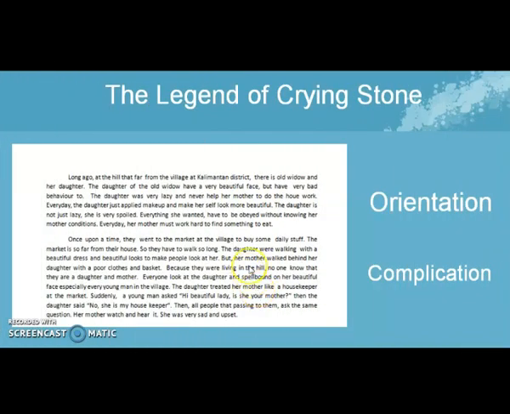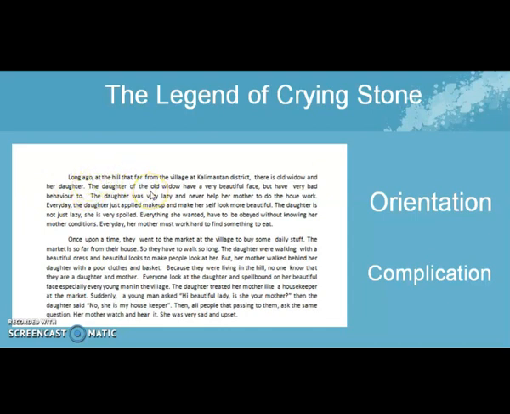So after you watch and take notes of the video, let's have a little discussion about it. The title is "The Legend of Crying Stone," from Kalimantan, and here is the orientation. How can we find the orientation? By looking at who the actors are. For example, here is the old widow and her daughter.